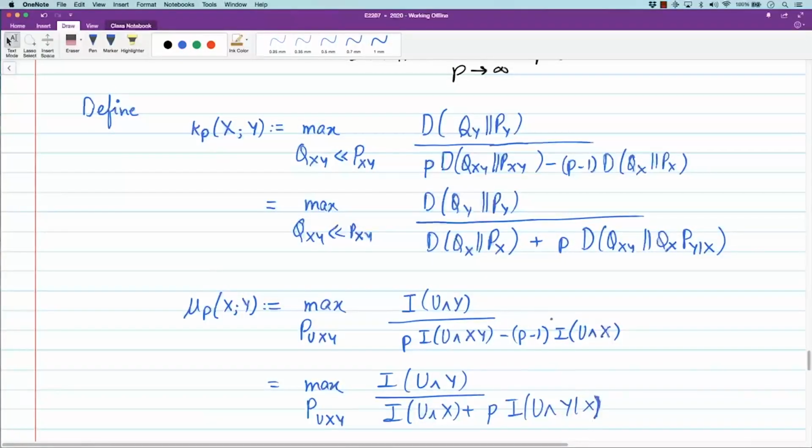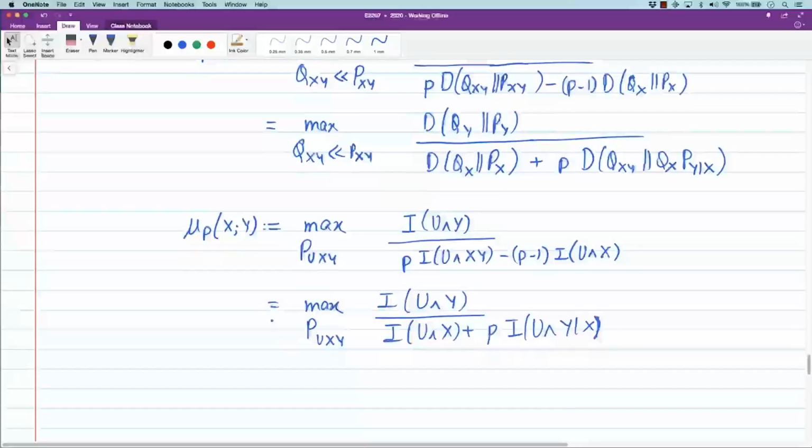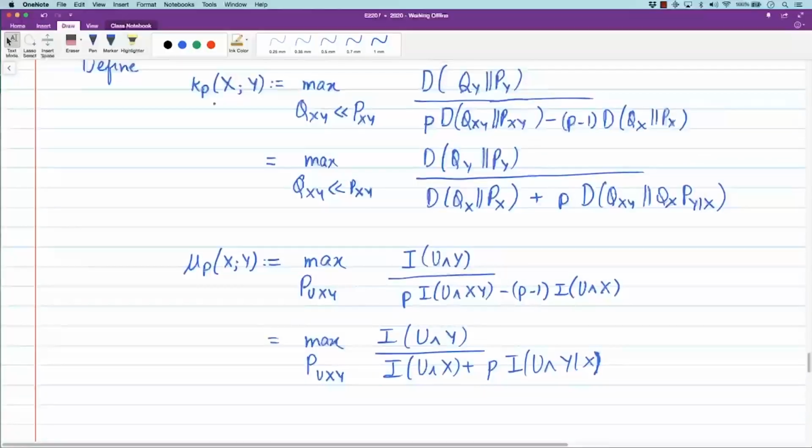Okay, so we introduce these two new quantities, kappa p(x;y) and mu p(x;y), and if you take the limit p going to infinity, then look at this expression here.